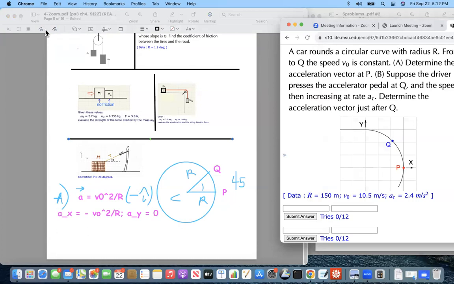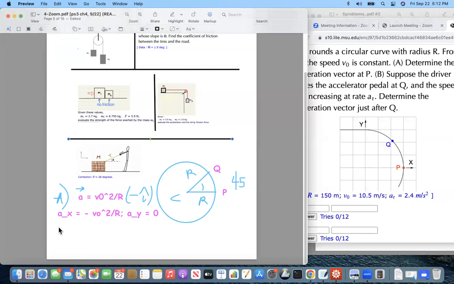Now, part B is at Q. Now here, there's a tangential acceleration because speed is increasing. So this is not uniform circular motion. Here, the speed is increasing. So let's see what the acceleration vector would be.